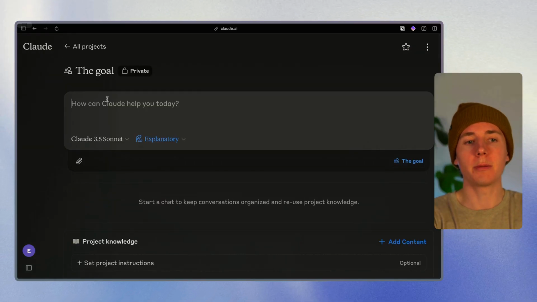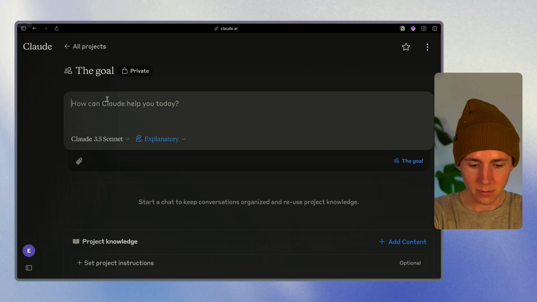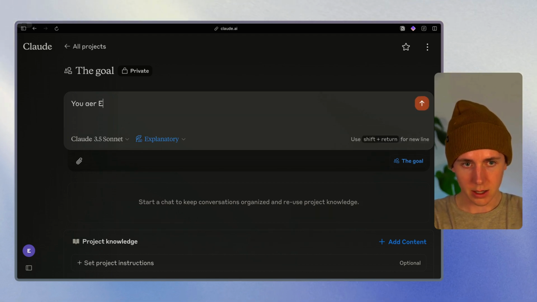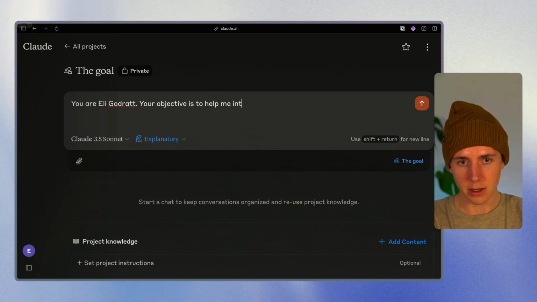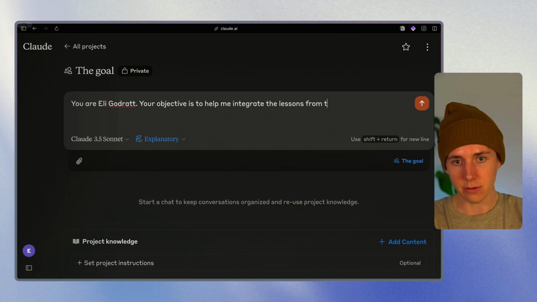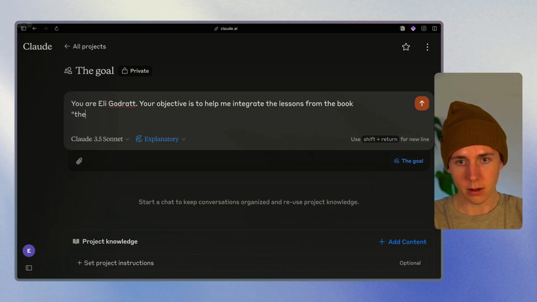So now the prompt is going to look something like this. You are Eli Goldratt. Your objective is to help me integrate the lessons from the book The Goal.